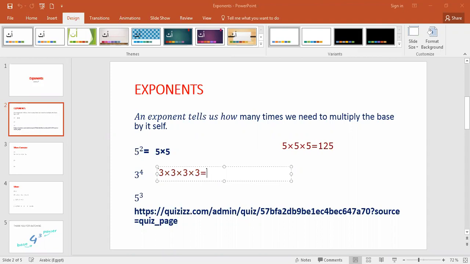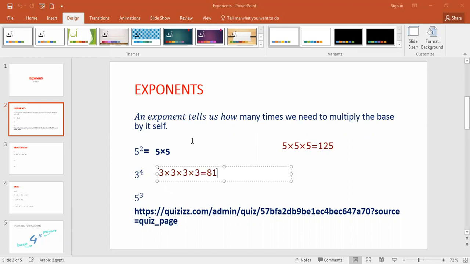So 9 times 9 is equal to 81. So 3 power of 4 means it is multiplied by itself 4 times, 3 times 3 times 3 times 3. So the product will be 81.